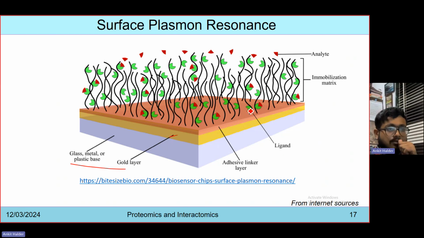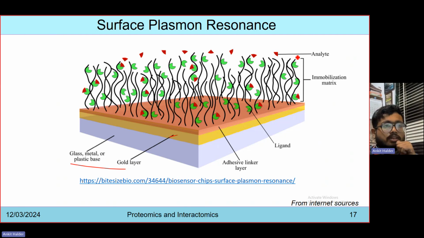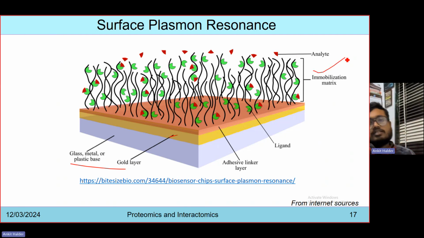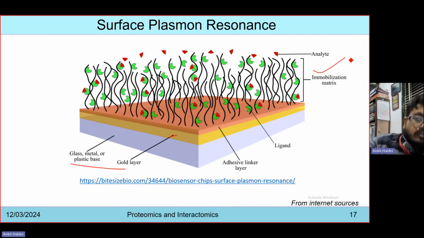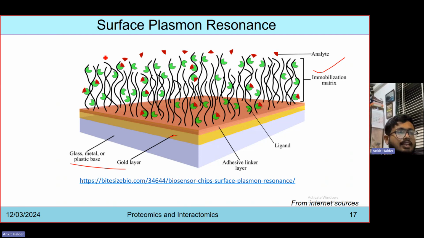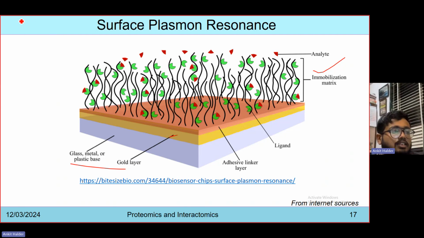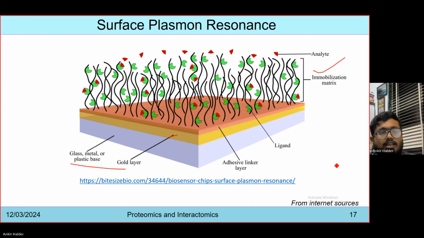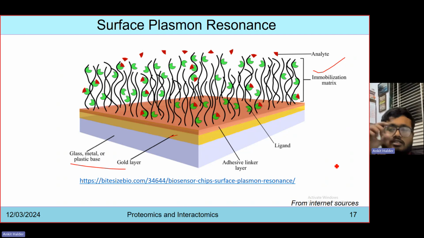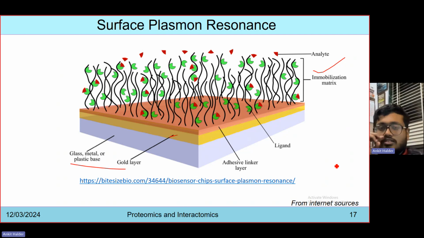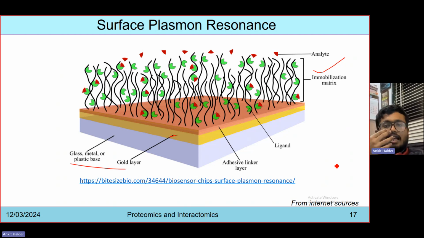These are the ligands. This is the immobilization matrix. And these are the analytes, which you can see are getting bound to our ligands. Just visualize which one is the ligand and which one is your analyte.